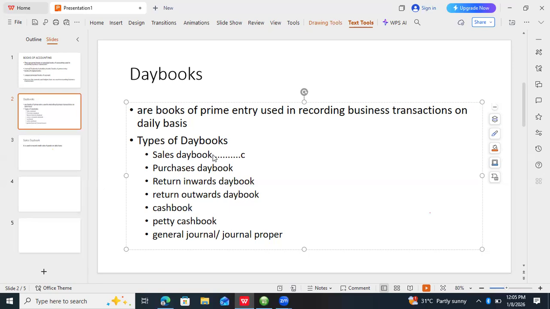So the sales daybook is used to record credit sale of goods on daily basis, right? I'm just putting out the main things. This one is for credit purchase of goods.